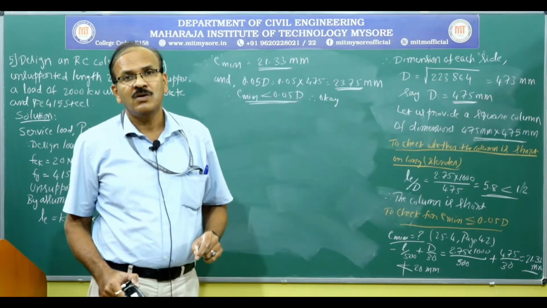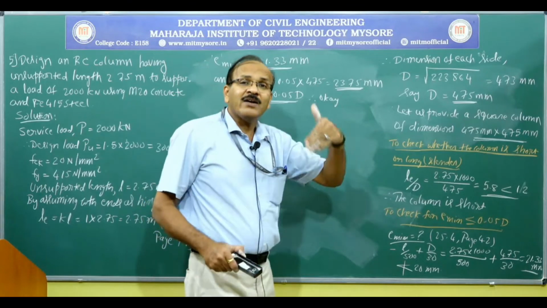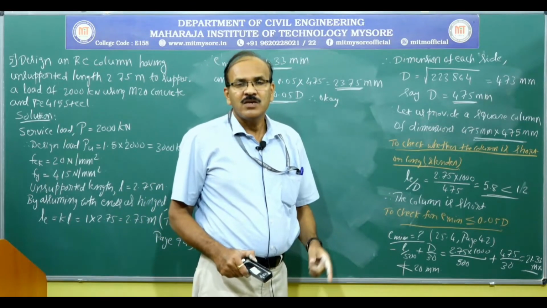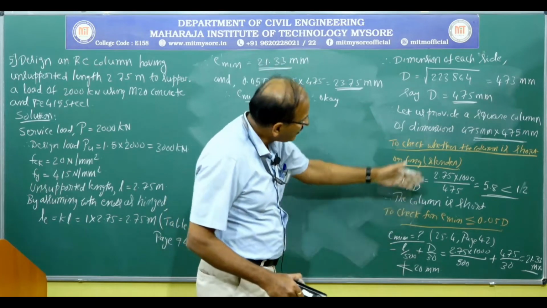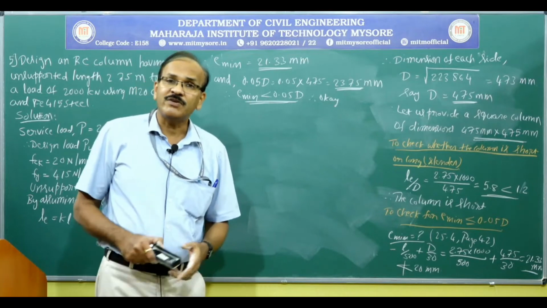Once we have this, we have to go back and find out the actual area of steel required using the same formula. Now we know the dimensions of this section, that is 475 by 475.